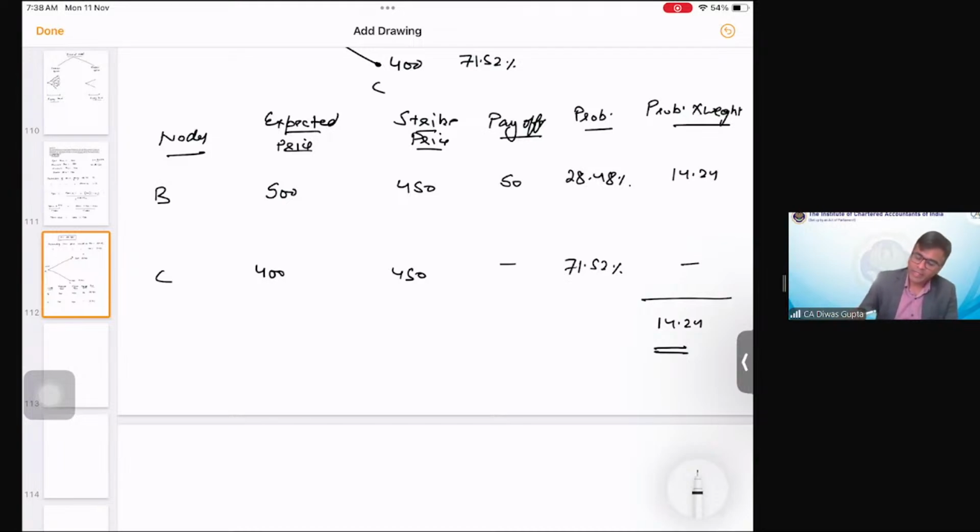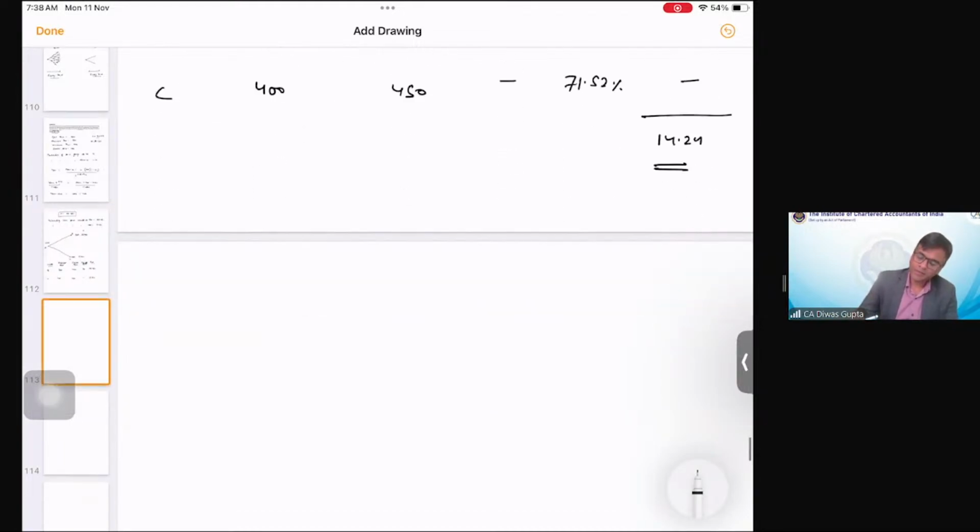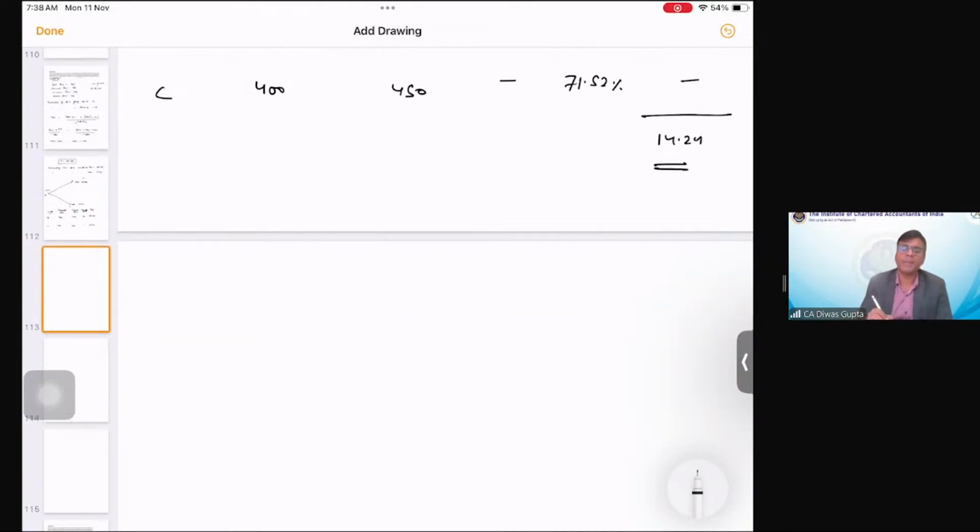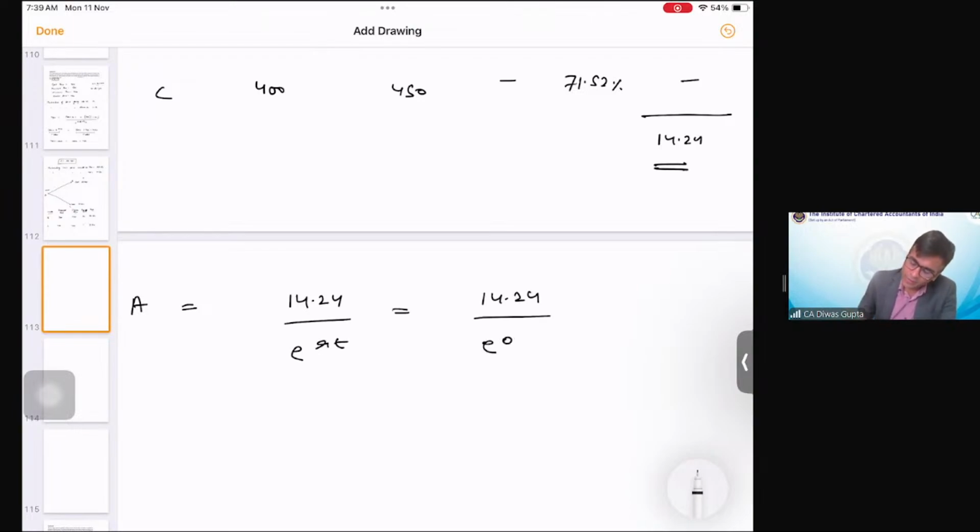Now, if we have to calculate the value of call option, which is the payoff at A node, right? So at A node, it will be 14.24 divided by e raised to the power r into t, which is actually 14.24 divided by e raised to the power 0.02.